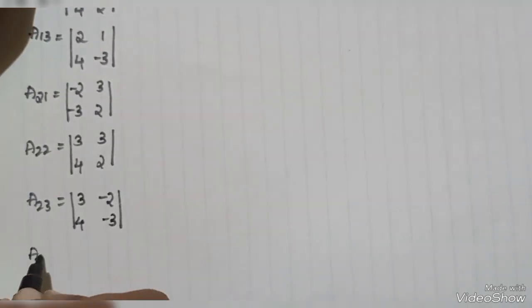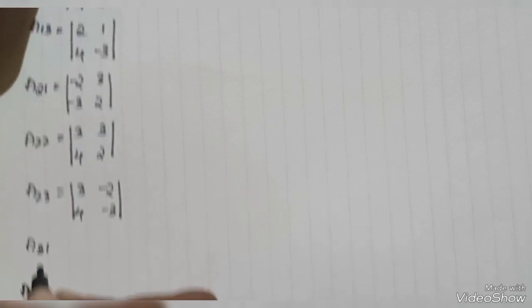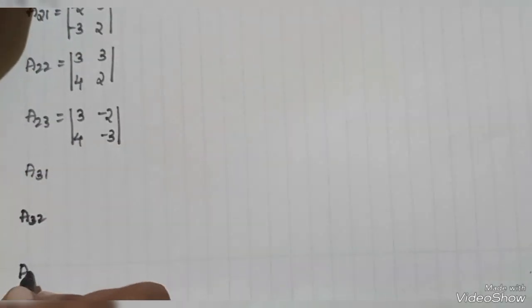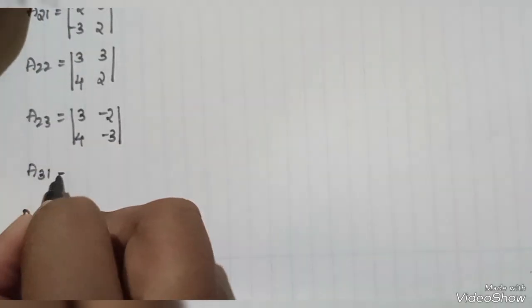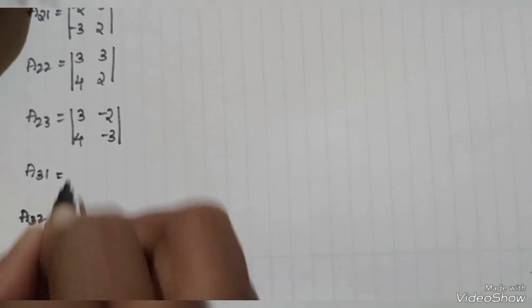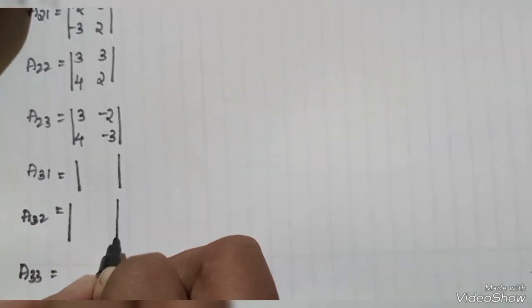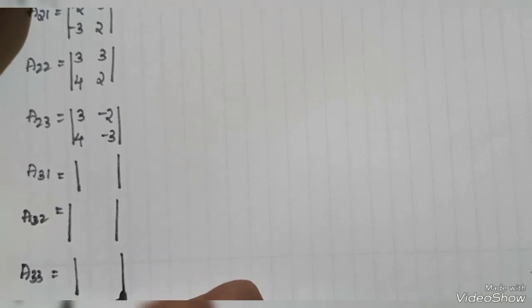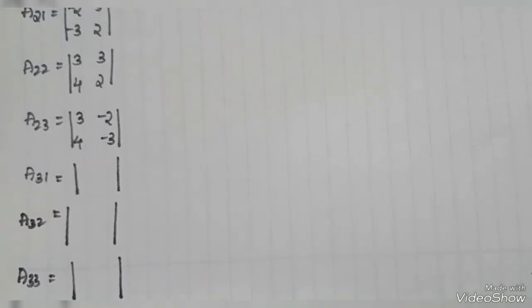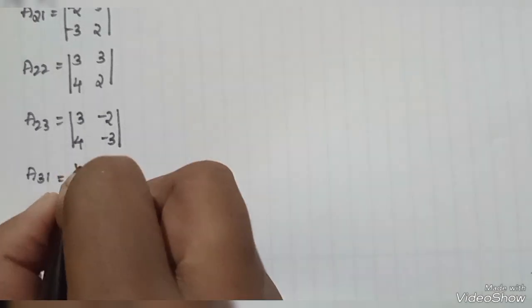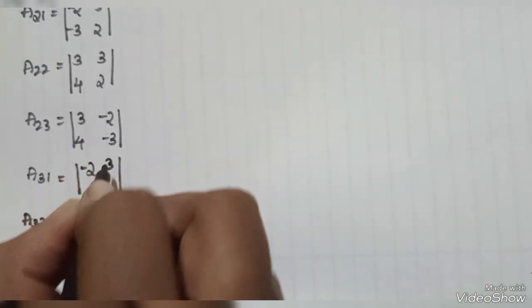Next, considering the third row, A31, A32, A33. Okay, the elements are minus 2, 3, 1, minus 1.